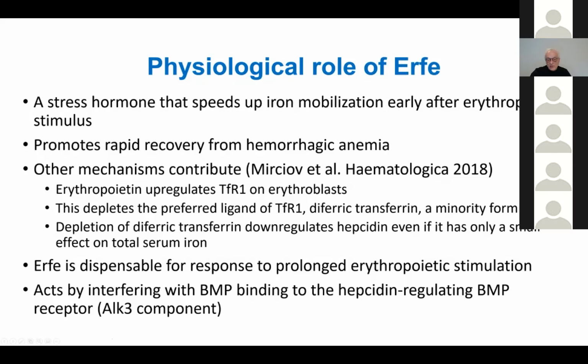This rapidly depletes the preferred ligand of TFR1, which is diferric transferrin, which is a small minority of the total transferrin forms. And the depletion of diferric transferrin then downregulates hepcidin, even if it has only a small effect on total serum iron. So the selective depletion of diferric transferrin decreases the BMP signaling and helps downregulate hepcidin in response to erythropoietic stimulation.